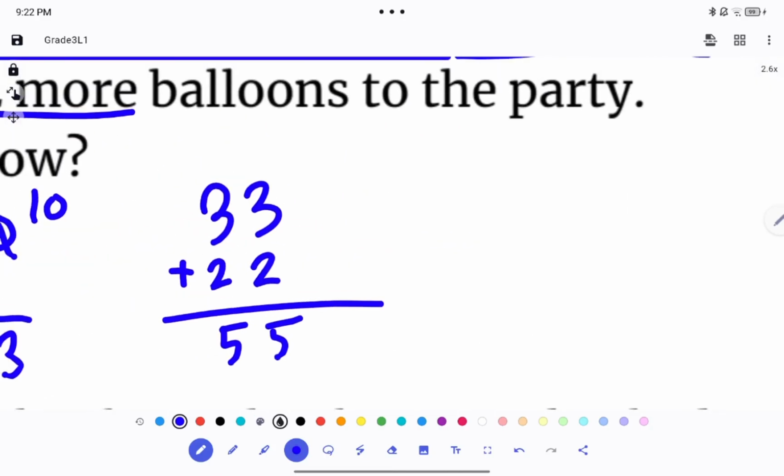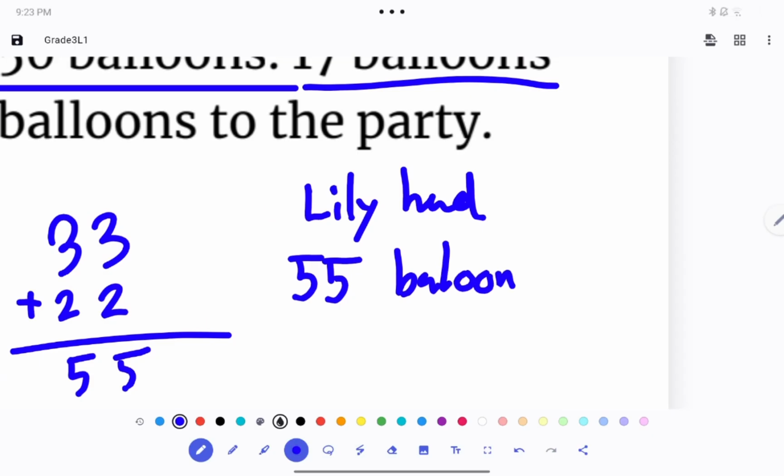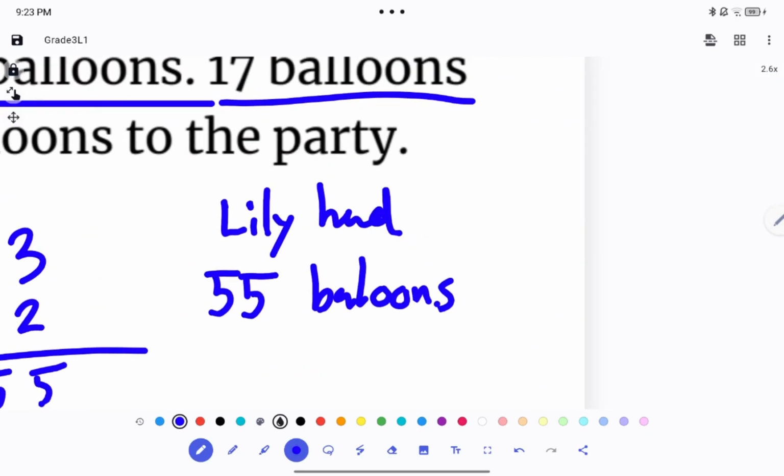Now, remember to write this out, because if you just give me the number 55, I'm going to go, what? Watermelons? So, Lily had 55 balloons at the end of the day. Oh, I'm spelling it wrong.